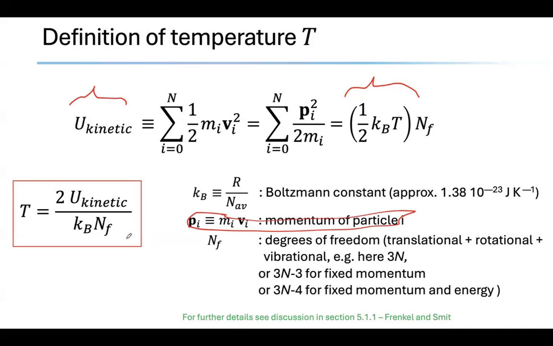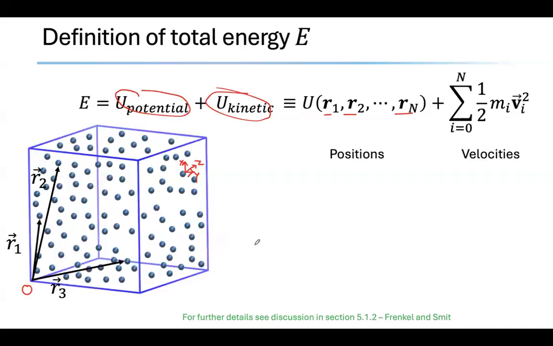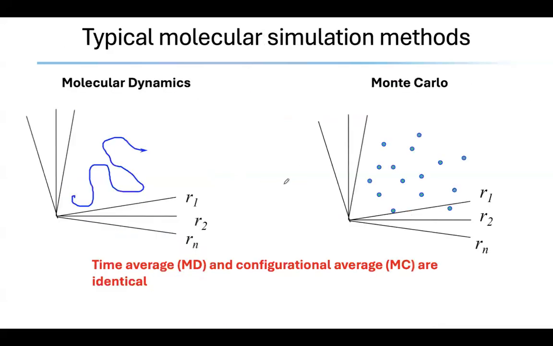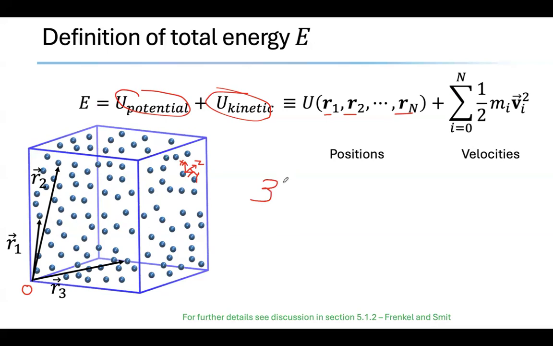Now, what's important to know is the degrees of freedom. For the system that I showed in the previous slide, suppose you have n particles, then the total degrees of freedom are 3n.